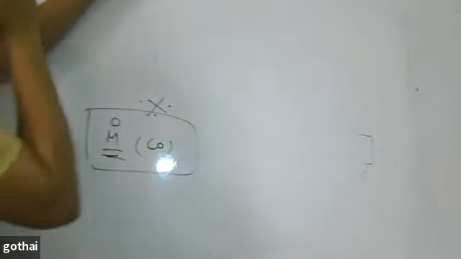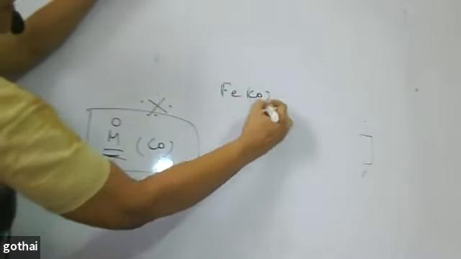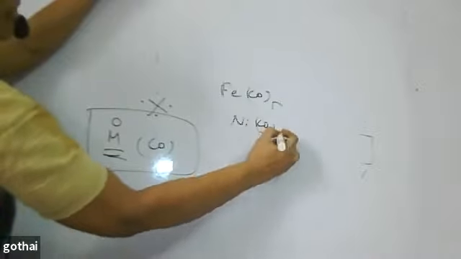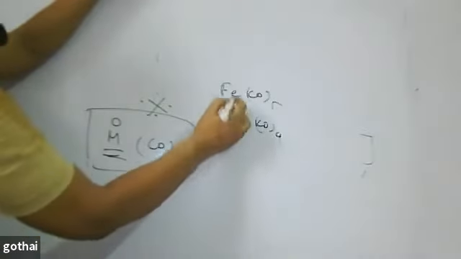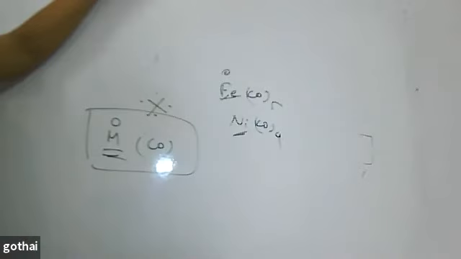For example, if I take Fe(CO)5, nickel, you might have studied already nickel. The oxidation state of these metals is 0. Whatever the metal, when bonded to carbon monoxide, the metal is said to be in 0 oxidation state.